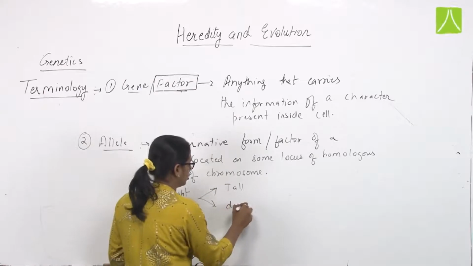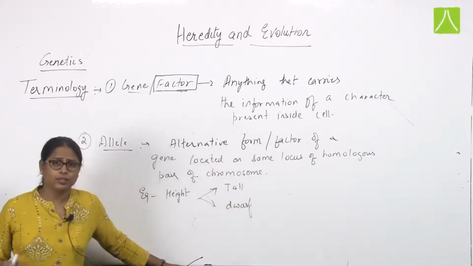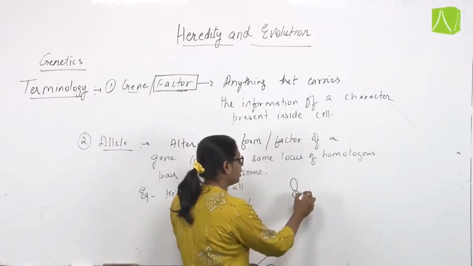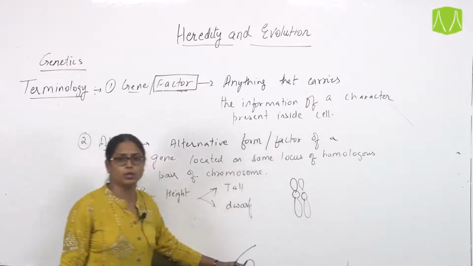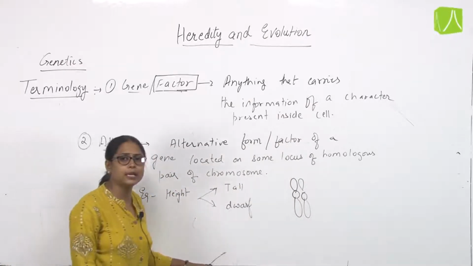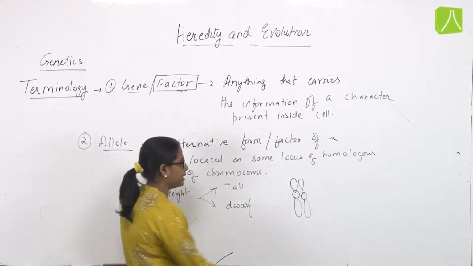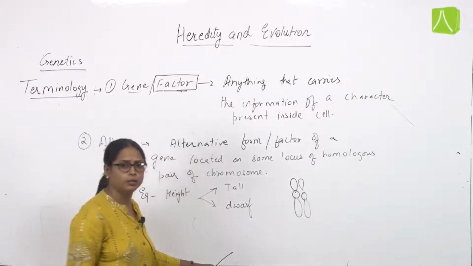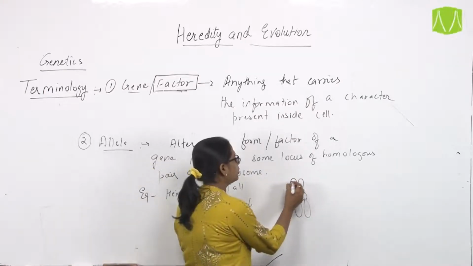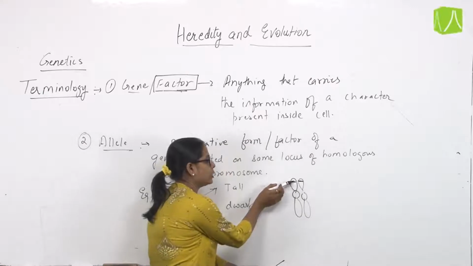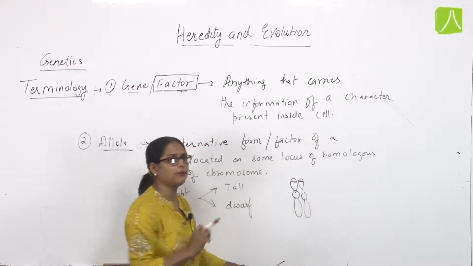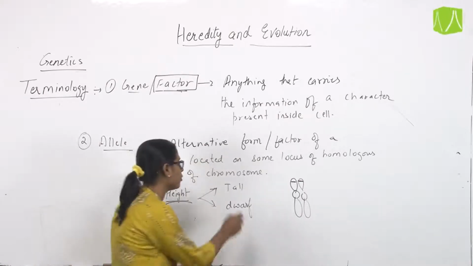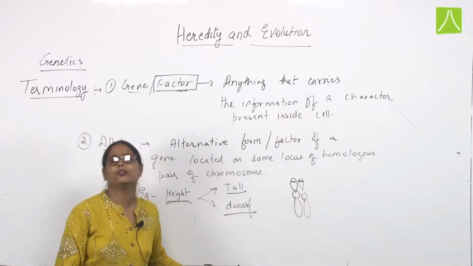Now, we have chromosomes in paired form, because the organism has diploid cells, and the diploid cell has chromosomes in pairs. These paired chromosomes are known as a homologous pair because they are similar in structure, shape and size. The chromosome has the gene part, which has the information of this particular character height, but height is present either in the form of tallness or dwarfness.